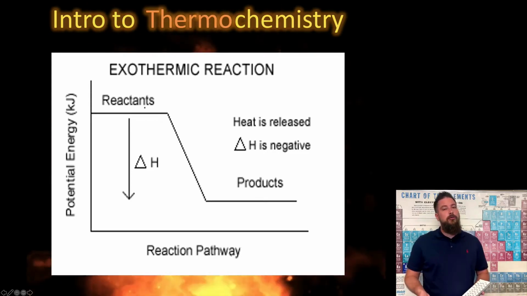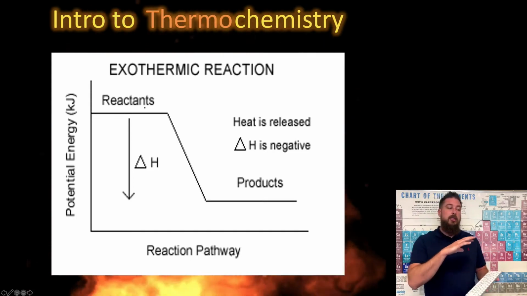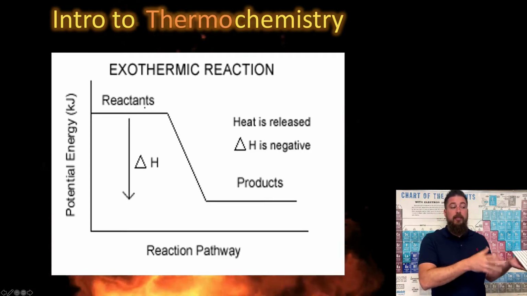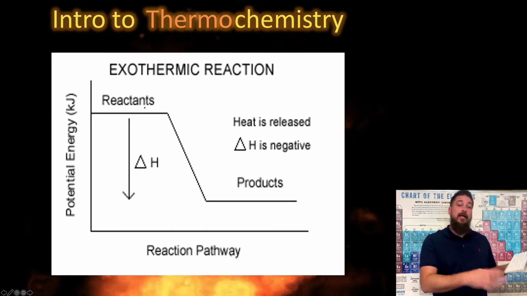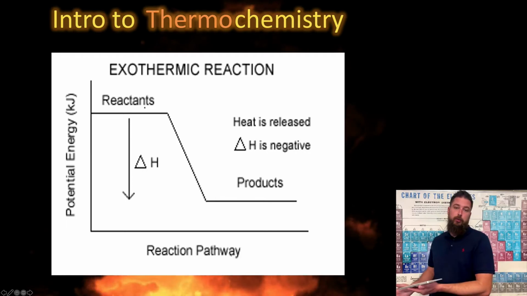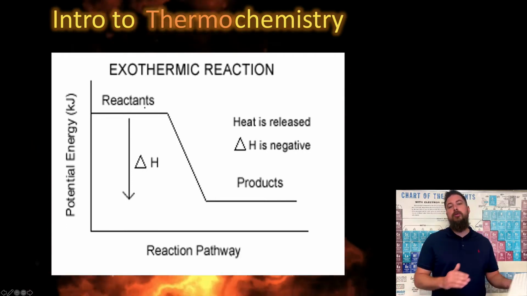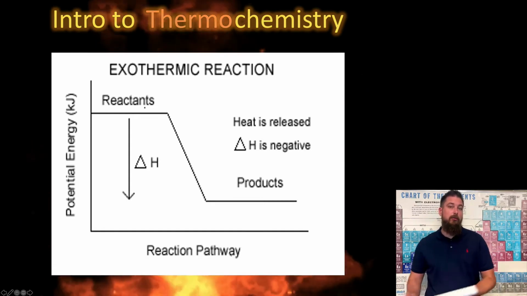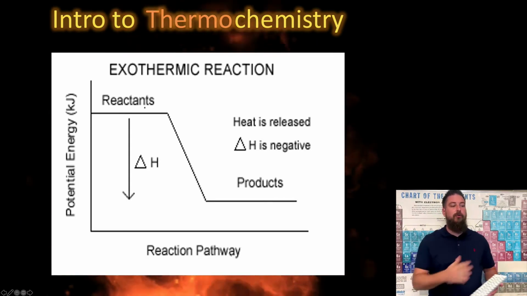This is an energy diagram. It shows you the relative amount of enthalpy that the reactants have, so the energy within a certain amount of reactants, and then it shows you the energy in a certain amount of products. Really what you're looking for is, does the energy drop or does the energy increase when you go from reactants to products?